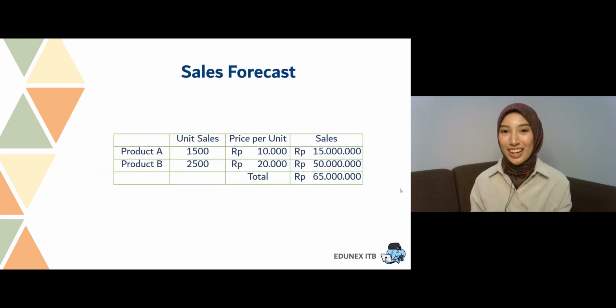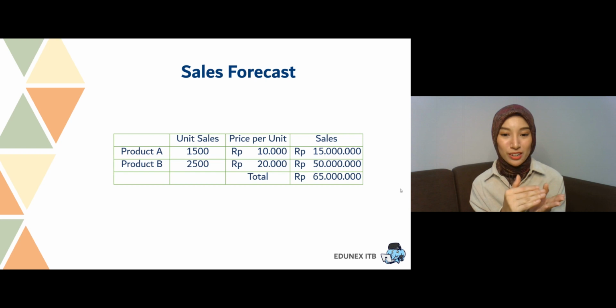For the sales forecast, we need to predict the sales of our products or services. For example, here we have product A and also product B. The unit sales for each product we already know: for product A, around 1500, and for product B, 2500.